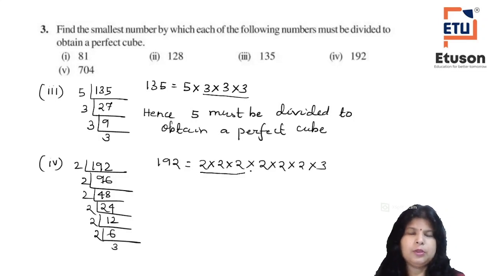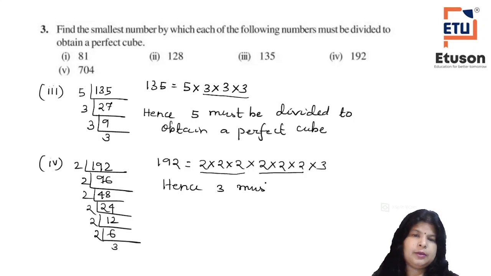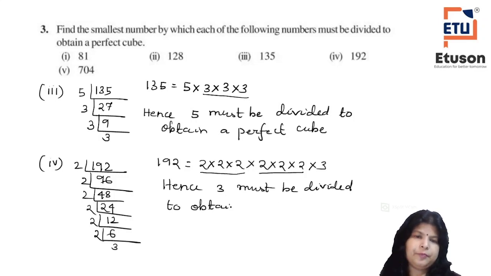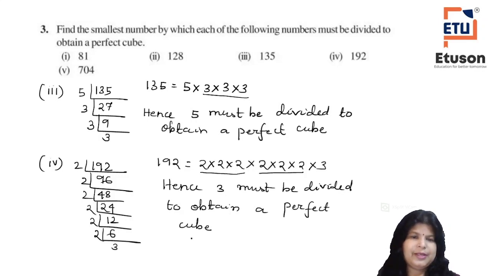Now form the set of 3. So what is extra now? 3 is extra. Hence, 3 must be divided to obtain a perfect cube. Correct or not?